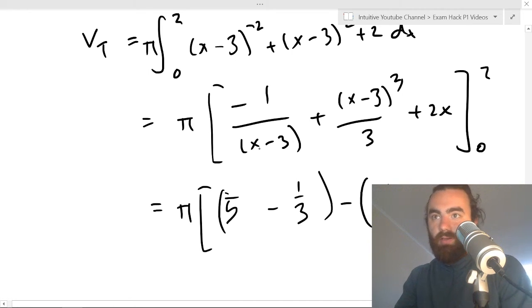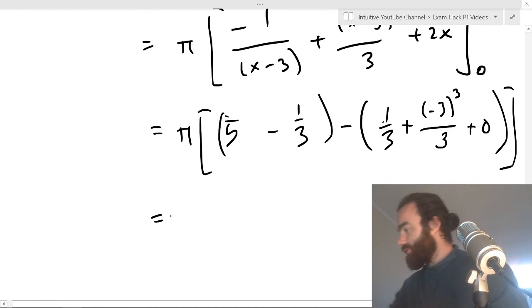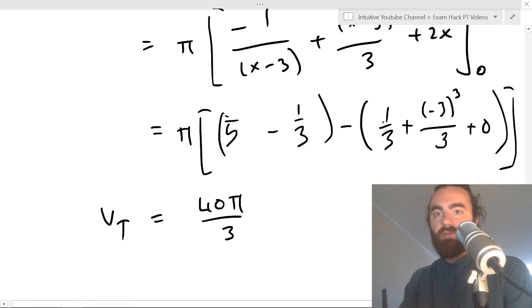If you plug 0 into here, you get 1/3, and you get plus minus 3 cubed over 3 plus 0. And if you put all that in your calculator, you should get, I did this before, 40 pi over 3. So that's your total volume.